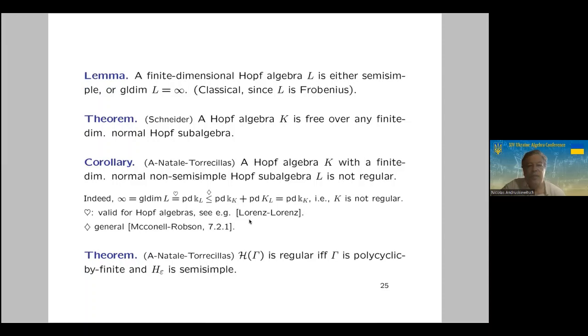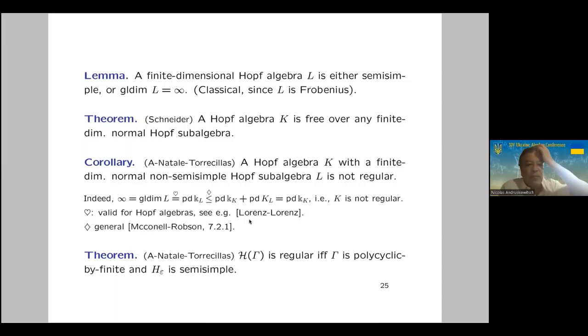There is a classical lemma which says that a finite dimensional Hopf algebra is either semi-simple or it has infinite global dimension. In fact, this holds for any finite dimensional Frobenius algebra. So it's just a consequence of the fact that any finite dimensional Hopf algebra is Frobenius.